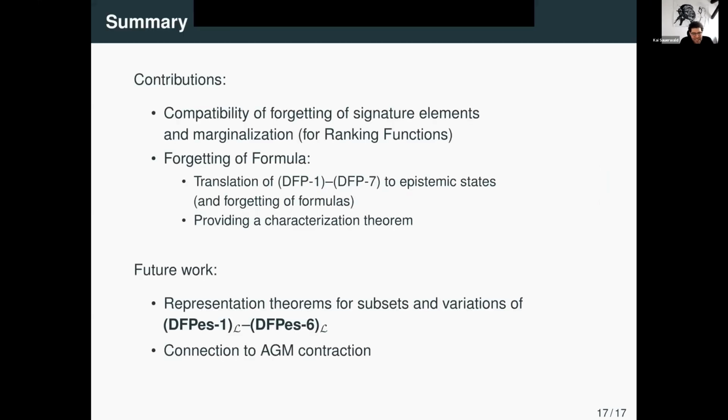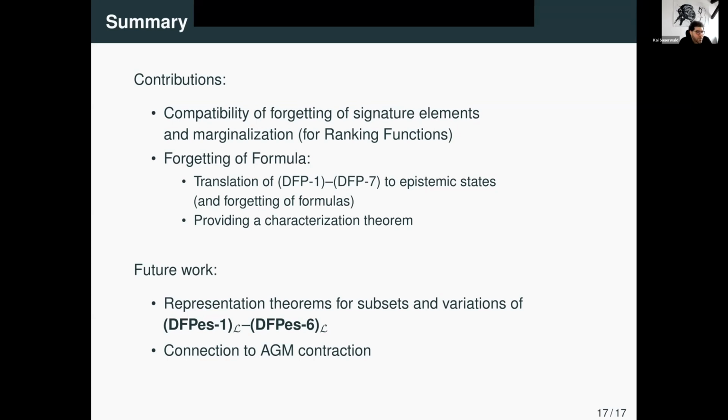Okay, now I come to the end of my talk. I showed that the notion of marginalization for ranking functions is compatible with the notion of forgetting of signature elements. I also showed how you can translate Del Grande's postulates into the setting of belief change in epistemic states, and that they do not behave so well, but at least we have a characterization theorem.